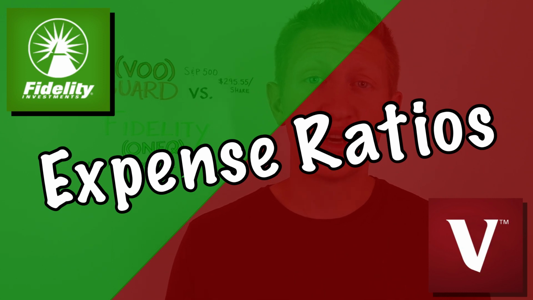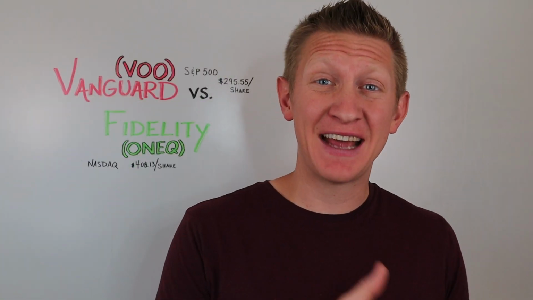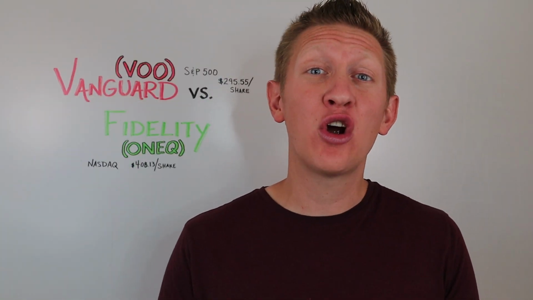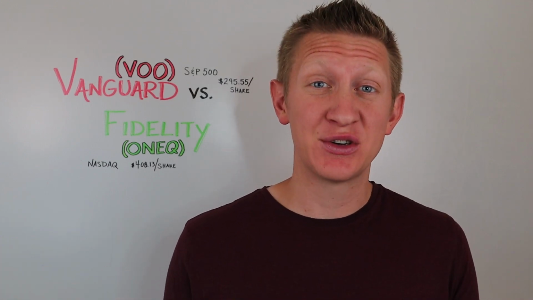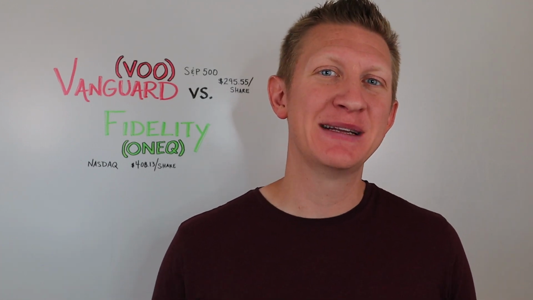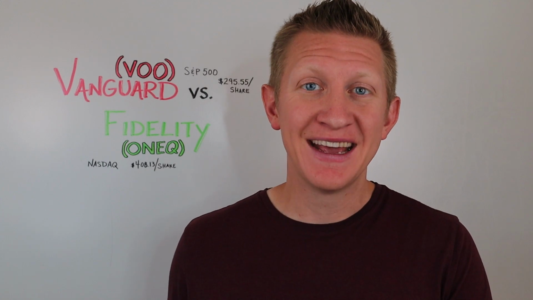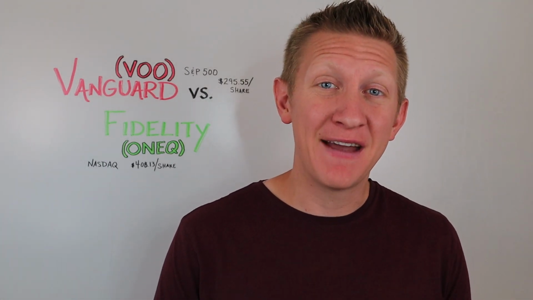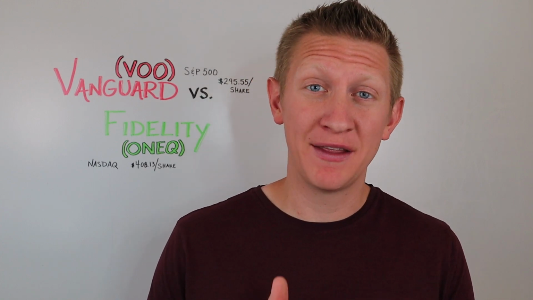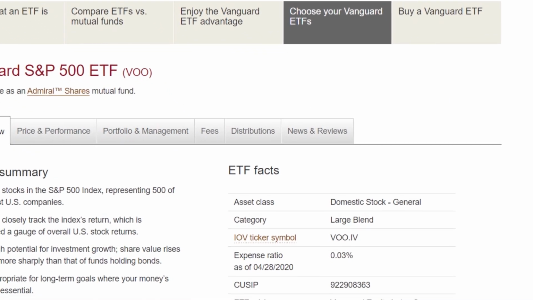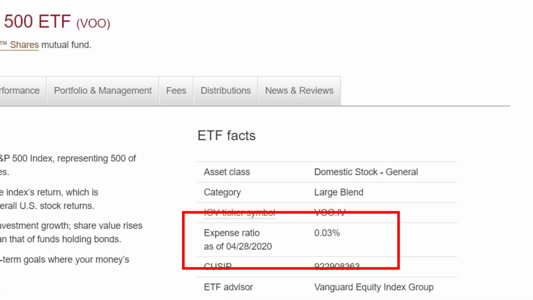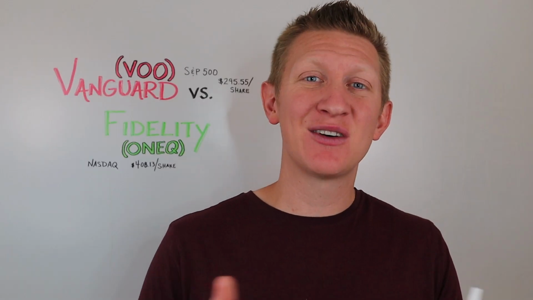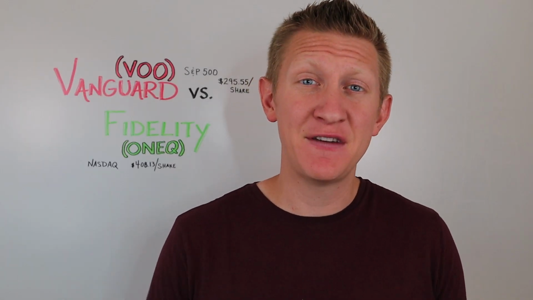All right, let's talk expense ratios here. Now, an expense ratio is the cost that Fidelity or Vanguard charges its customers, its investors, to manage the investments in this exchange-traded fund. And you're going to notice a big difference here between Vanguard and Fidelity. Vanguard's expense ratio for VOO is only 0.03%, which means that for every $10,000 invested in this ETF, the fee is only $3 per year.